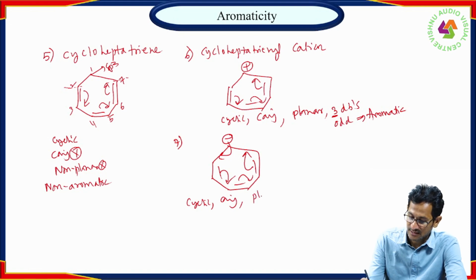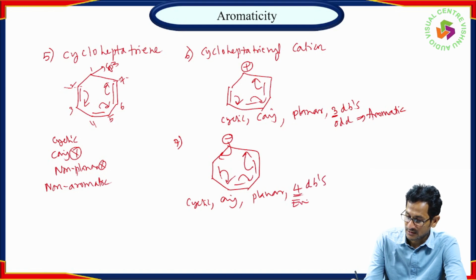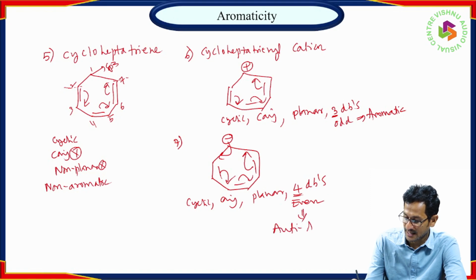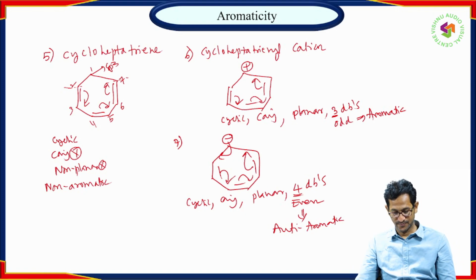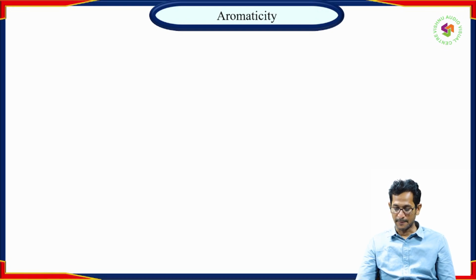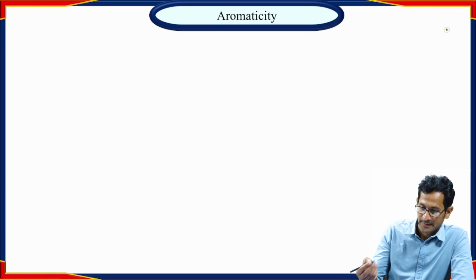Cyclic, conjugated, planar, 4 double bonds. 4 means even number. Even means anti-aromatic. Anti-aromatic.